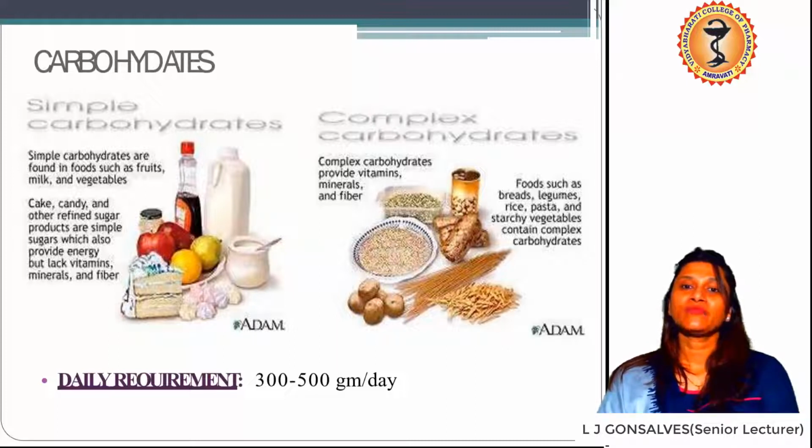At the same time, complex carbohydrates provide vitamins, minerals, and fibers. The foods which contain complex carbohydrates are breads, legumes, rice, pasta, and starchy vegetables. The daily requirement of carbohydrate in an adult body is 300 to 500 grams per day.